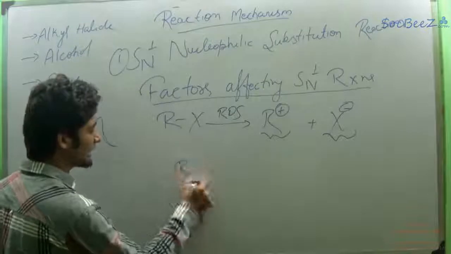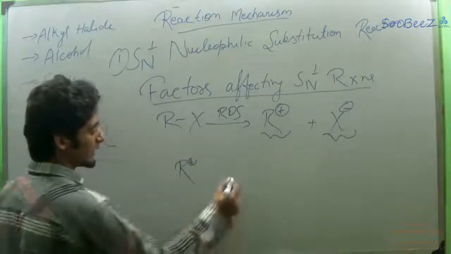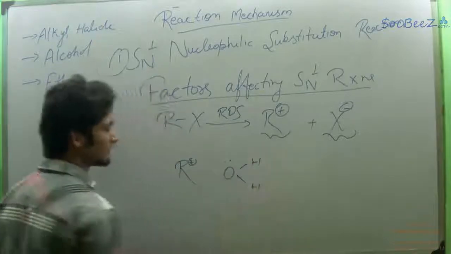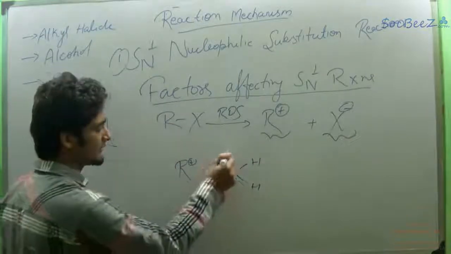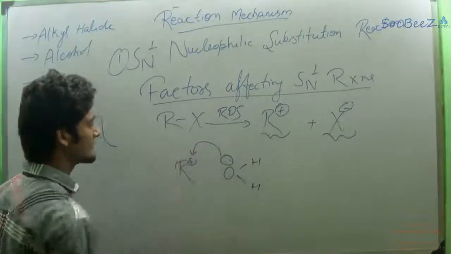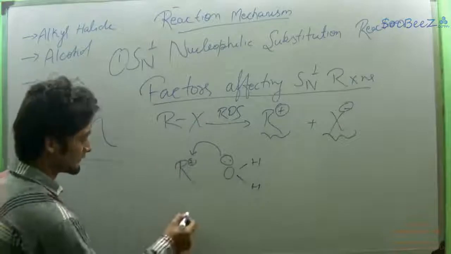So suppose we have an R plus species and H2O as our solvent. We know oxygen has lone pair electrons. It can stabilize our R plus by donating these lone pairs.